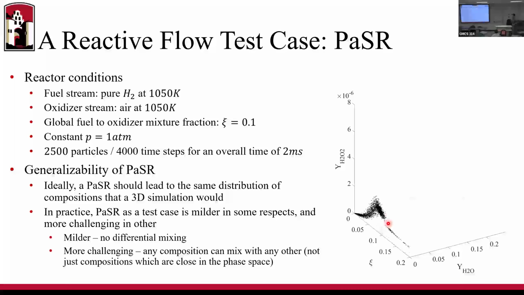But on the other hand, it is also more challenging because we pick any two random particles to mix, which is a larger range of possibilities than what we have in a combustion simulation. In a combustion simulation, we get mixing from diffusion, so the only compositions that are going to mix are compositions that are close in space, and therefore compositions that are also close in composition space.